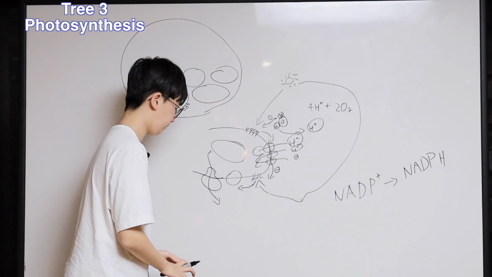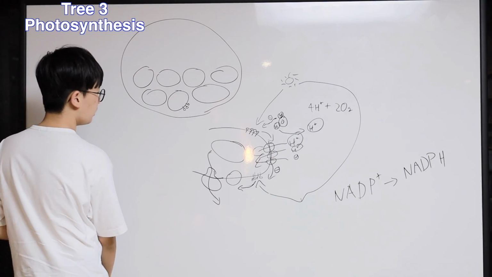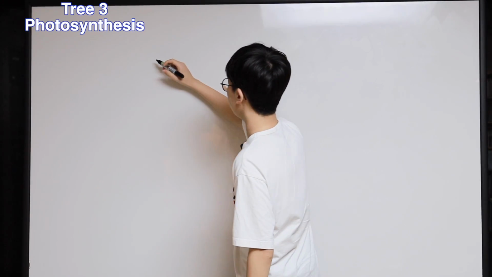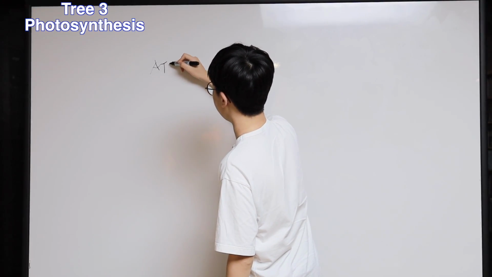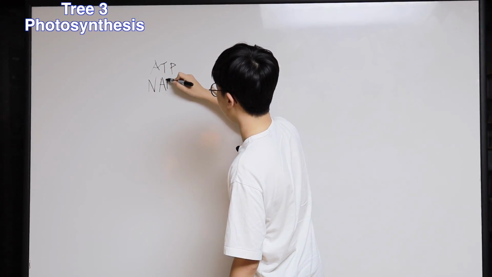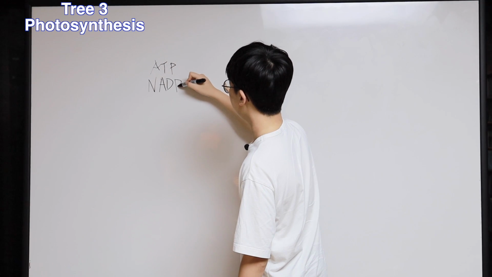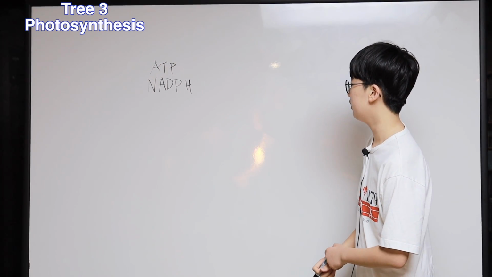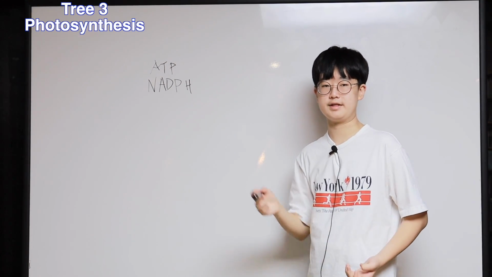And now let's erase this. Basically, some ATP has been produced and some NADPH has been produced. So now let's talk about the Calvin cycle.